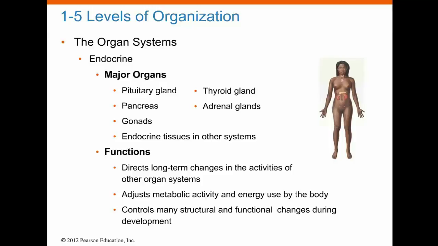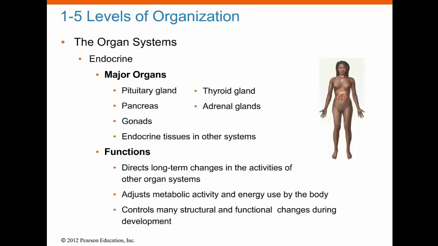So we'll mainly be involved in the adrenal glands and the pancreas in this semester. Their functions are that they direct long-term changes in activities of other body systems. They can adjust metabolic activity and energy use within the body. And they control many structural and functional changes during development.